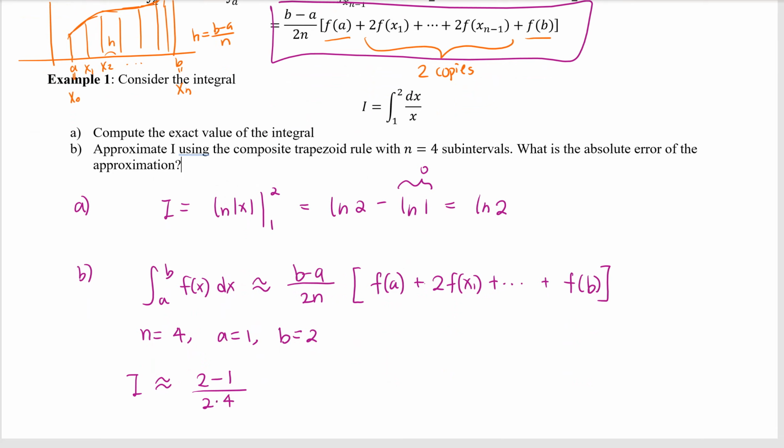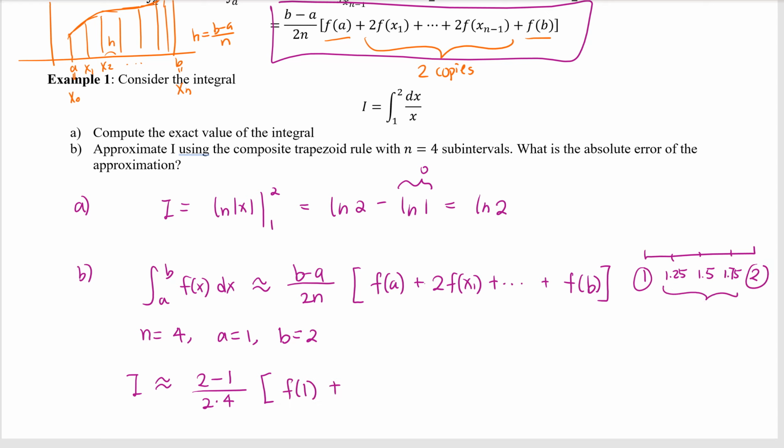So far so good. And also let's draw the picture. So a is 1, b is 2, and we want to separate into 4 subintervals. What's the midpoint between 1 and 2? 1.5. What's the midpoint between 1 and 1.5? 1.25, and this is 1.75. So those are the points, right? These guys, 1 and 2, are the endpoints, so we have 1 copy.